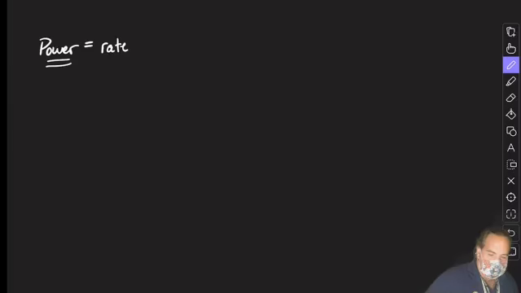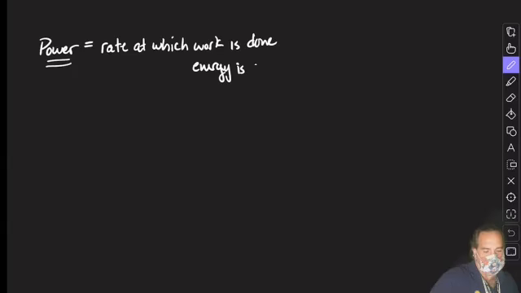Power is a rate. It's the rate at which work is done. Sometimes I say it's the rate at which energy is consumed or used. But either way, it's a rate, which means it's something that happens over time.